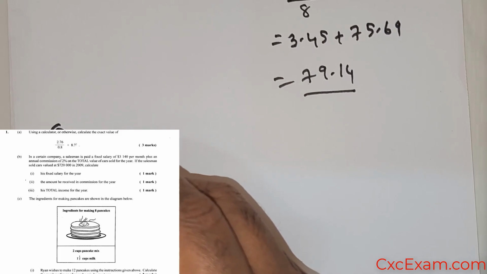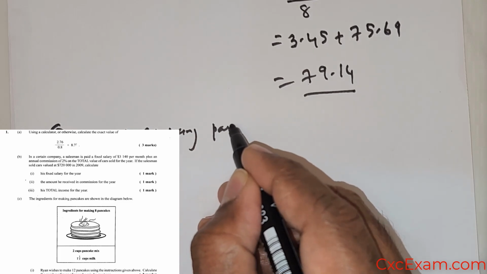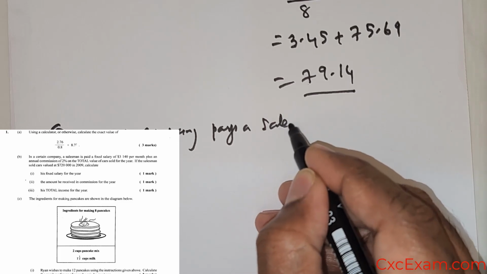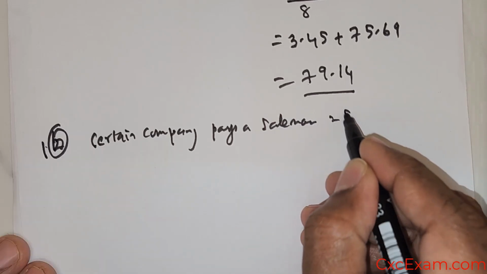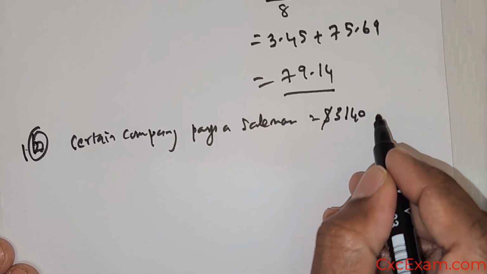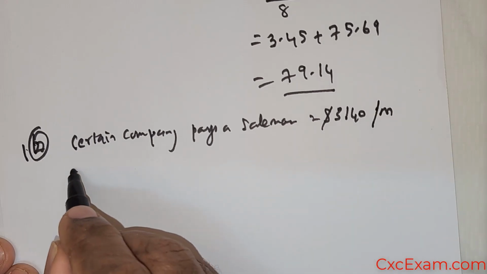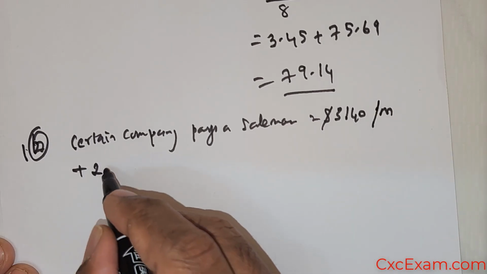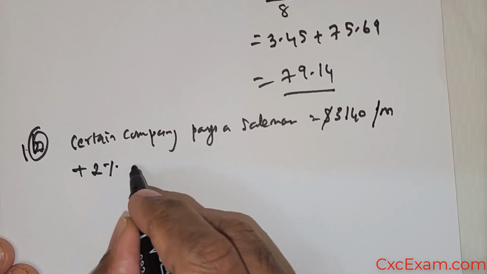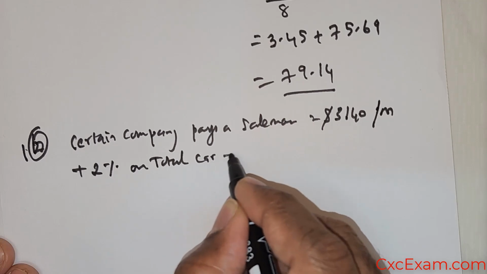Students, this is question 1b. A certain company pays a salesman a sum of $3,140 per month. Along with that, an annual commission of 2% on total car sales.